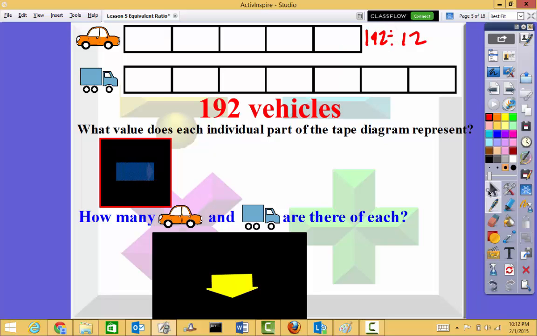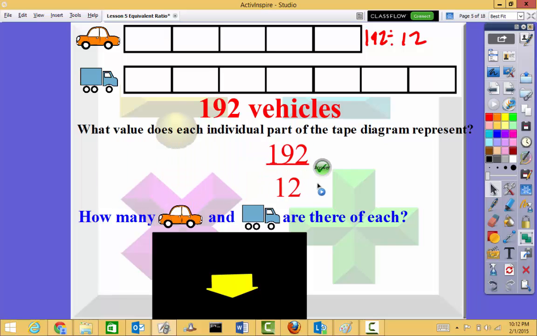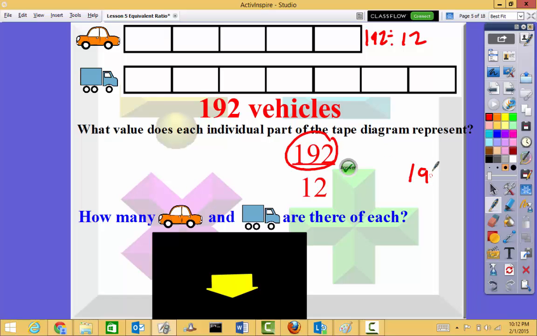So how am I going to do that? Well, I'm going to divide 192 divided by 12. What is that? Well, when I divide 192 by 12, and what I get is 16.